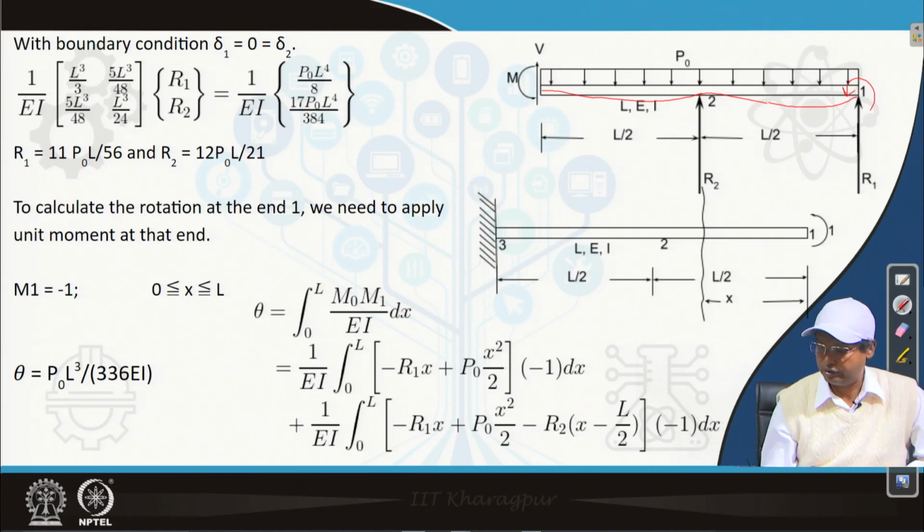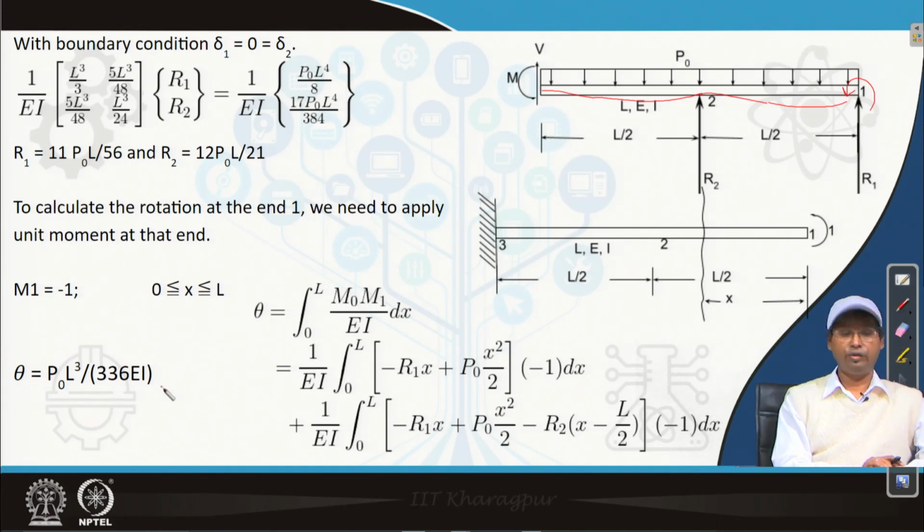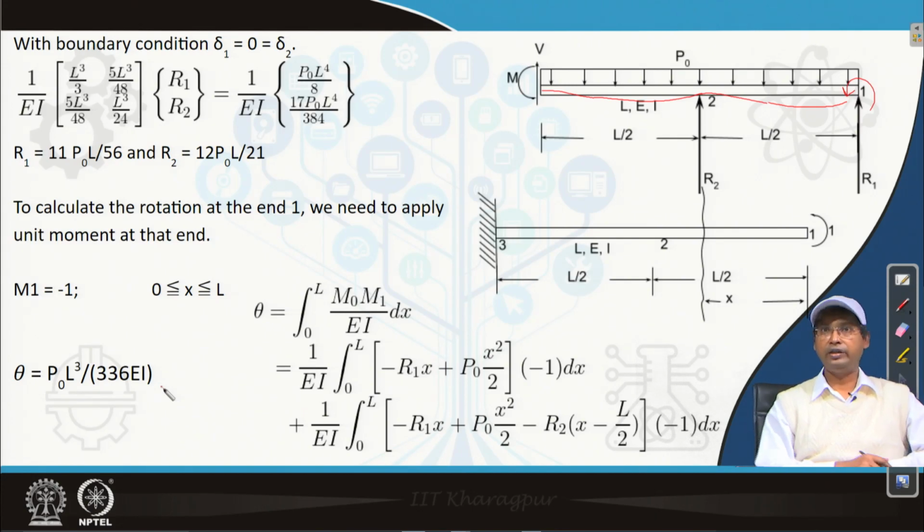For that, what we need to do is apply a unit moment as it is shown here, and for that moment similarly it is -1 for unit moment, and we put those values and find out the integration, and we get the solution theta is equal to P 0 L cube divided by 336 E I. So, it is quite an easy way to find out deflections for determinate and indeterminate structures.